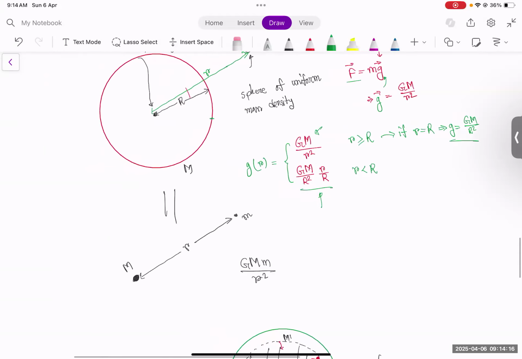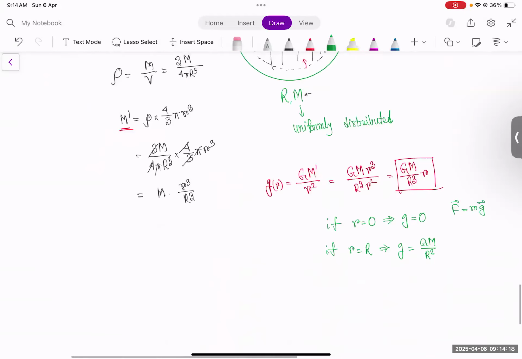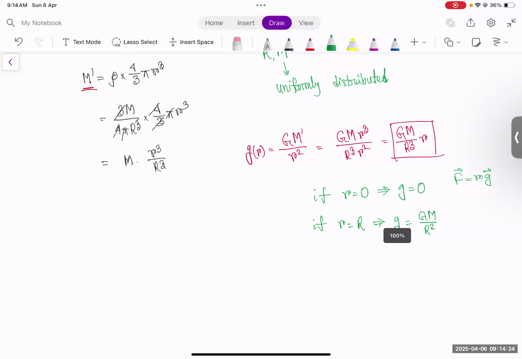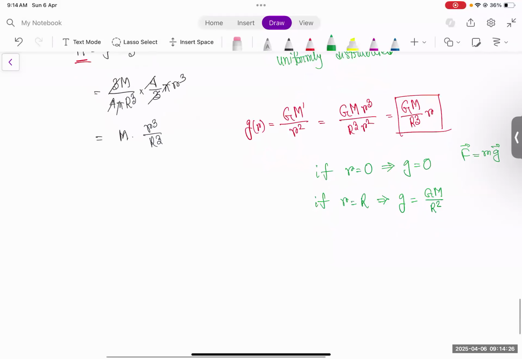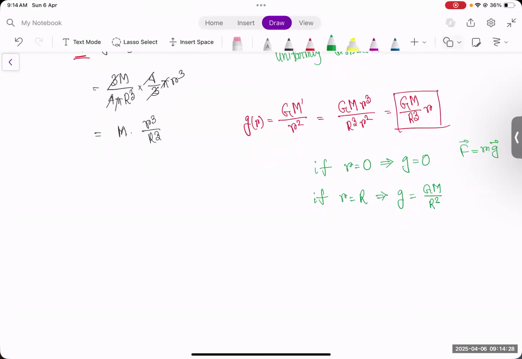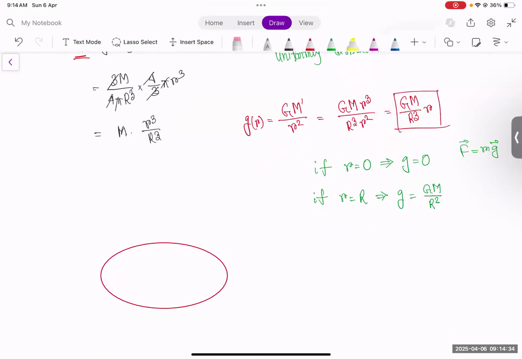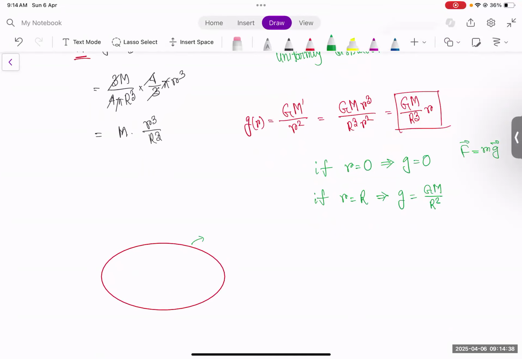Okay, so that's about it for gravitational fields and forces. I will just briefly discuss the third shell theorem. The third shell theorem is actually for an elliptical object. So if you have an elliptical shell, again, what does it have to be? It has to be elliptical.